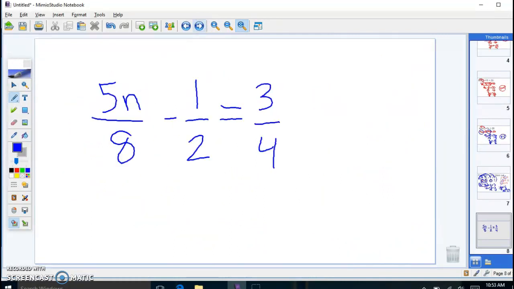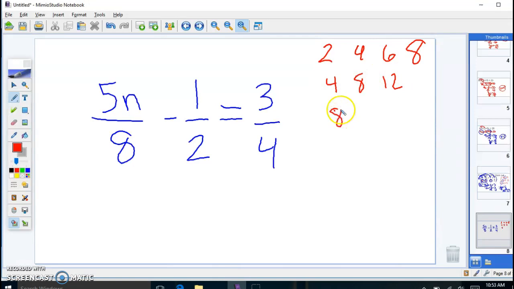All right, looking at this problem, we have 2, 4, and 8 as our denominators. So I'm going to start off by listing my multiples. I can go 2, 4, 6, 8. My multiples for 4 would be 4, 8, 12, 16.